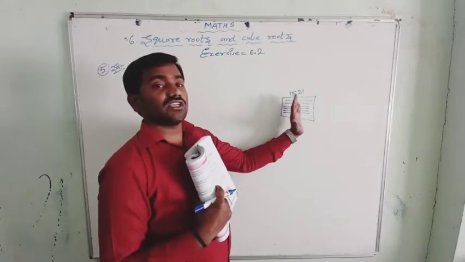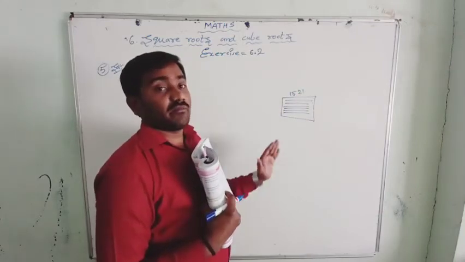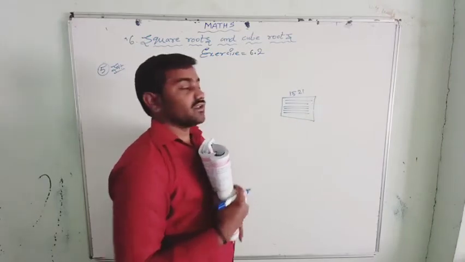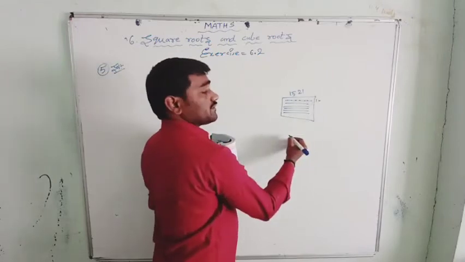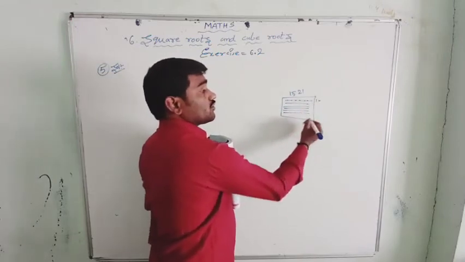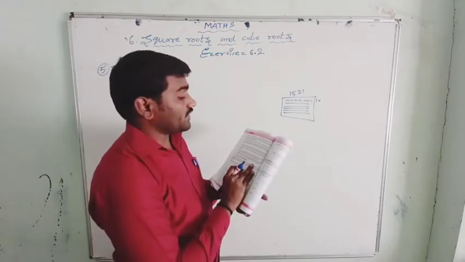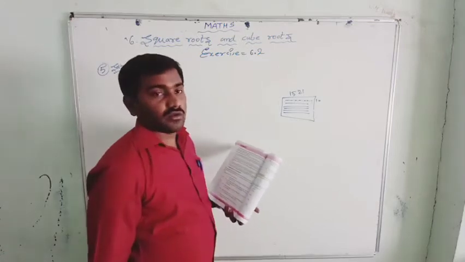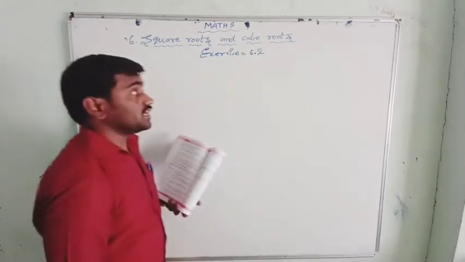The number of rows is equal to the number of trees in each row. If in each row there are 10 trees, then there are 10 rows. So here we need to find the number of rows and the number of trees in each row.